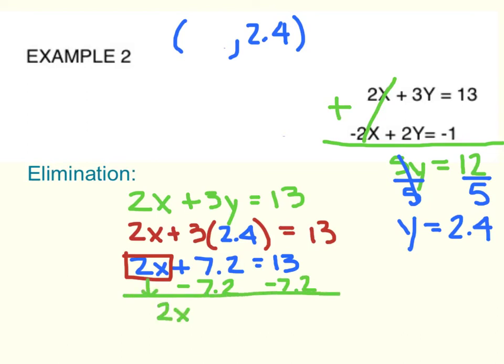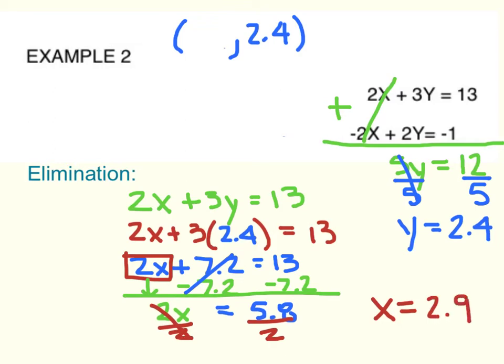I canceled what's beside my box. Equals 13 minus 7.2 is 5.8. And the last step is to divide everything by 2. And we end up with that x equals 5.8 divided by 2 is 2.9.